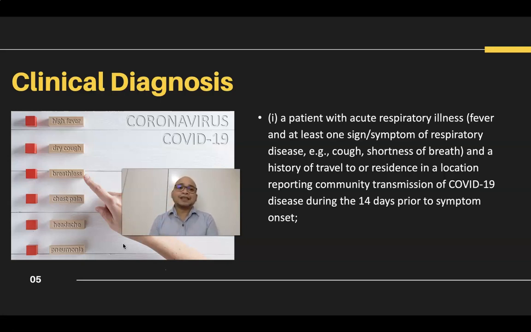Number one, a patient with acute respiratory illness. This patient may have fever and at least one sign or symptom of respiratory disease, such as coughing or shortness of breath, or medically speaking, dyspnea or difficulty in breathing, and a history of travel to or residence in a location reporting community transmission of COVID-19 during the last 14 days prior to symptom onset.